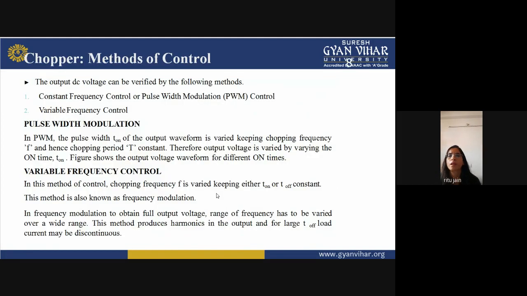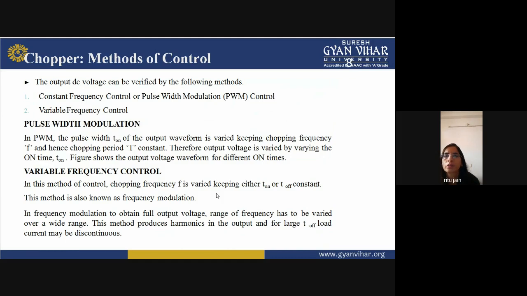Now let's come to the point, what is your method of control? If you want DC to DC conversion, and you want fixed DC to variable output voltage, how can you get the variable output voltage from the chopper? There are two methods.